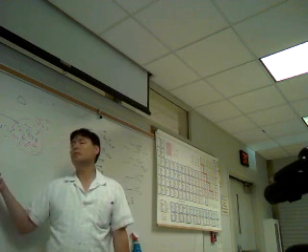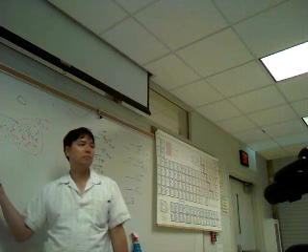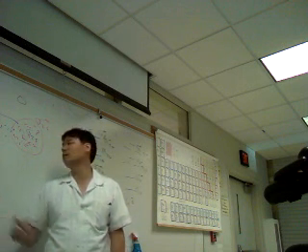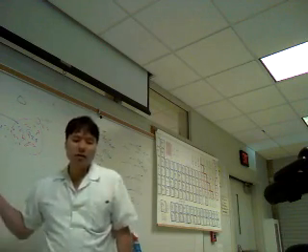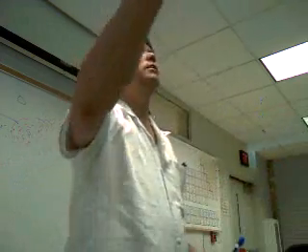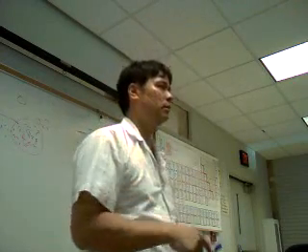The second Bohr orbit would be 2 squared, 4 times a naught, or R1, I should say. It turns out that the electrons don't orbit there, but that turns out to be the most probable distance of finding the electron from the radial probability function or the radial distribution function that we talked about the other day.